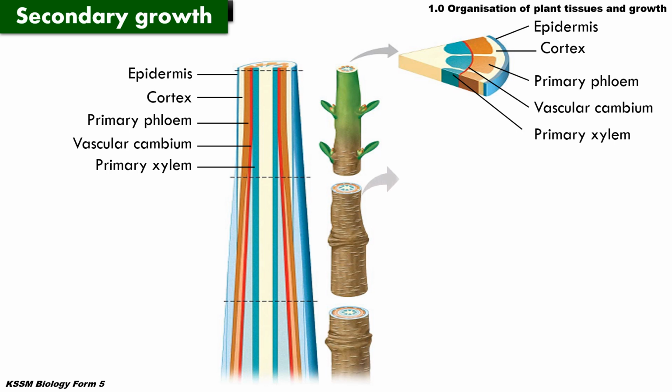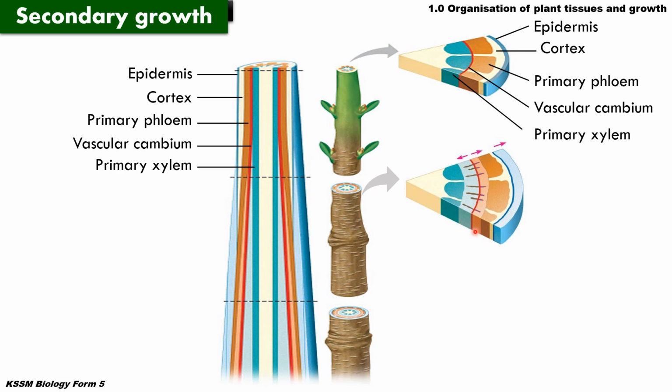Okay, kita tengok. The secondary growth occur. So, the growth for the secondary xylem and secondary phloem start to occur. Okay, so nampak tak ada light blue, light orange. This is the secondary xylem and phloem.